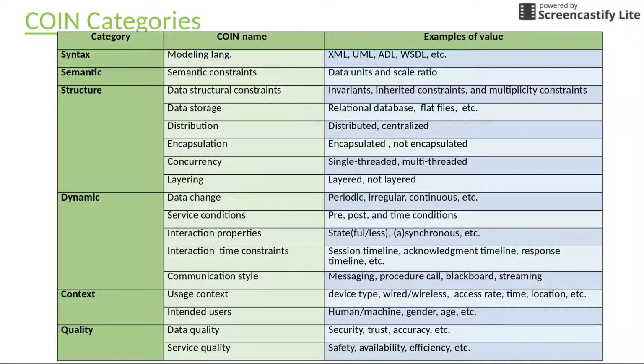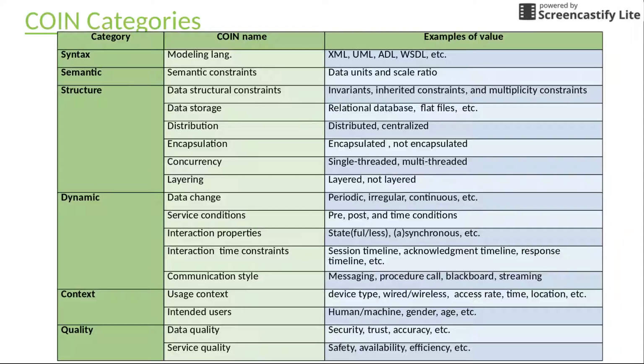Sources for conceptual constraints are classified into six categories as proposed by Abukwaik. Syntax coins. This coin states the packaging constraints, for example, modeling language. Semantic coins. This coin states constraints on the meaning related constraint. Example, semantic constraints. Structure coins.